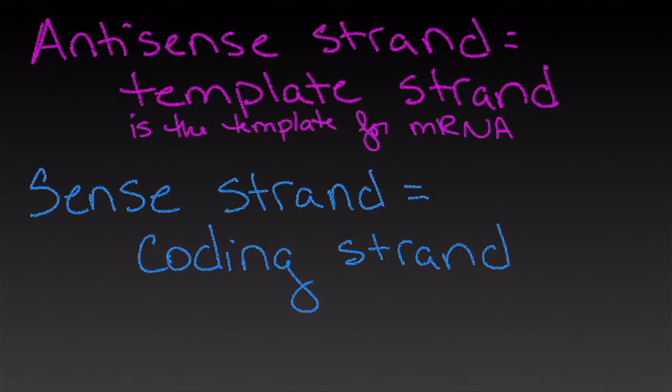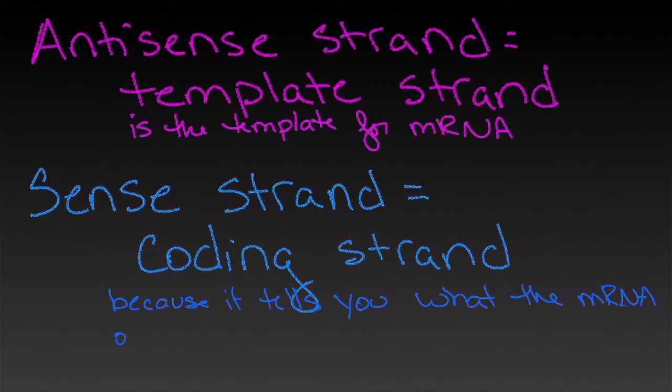It's called the coding strand because it tells you what the mRNA code will be, or the RNA, if it's going to be an RNA gene, code will be.